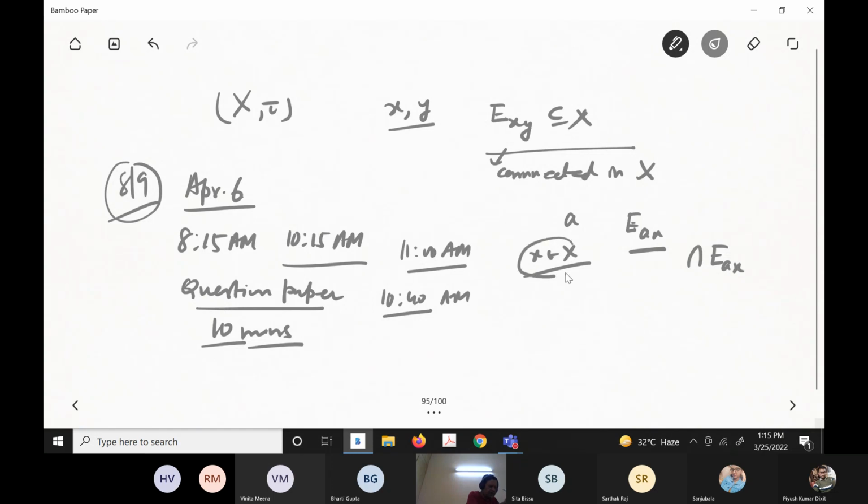Here the index set I is X. So the union of these will be connected because each of them is connected and their intersection is non-empty. But this union is X. So X is connected.